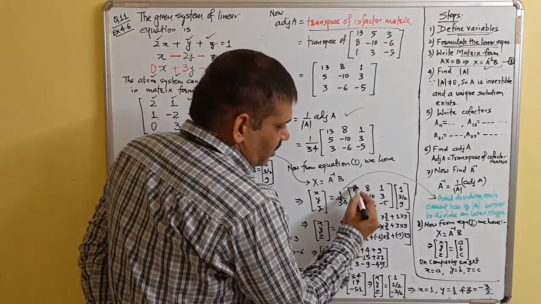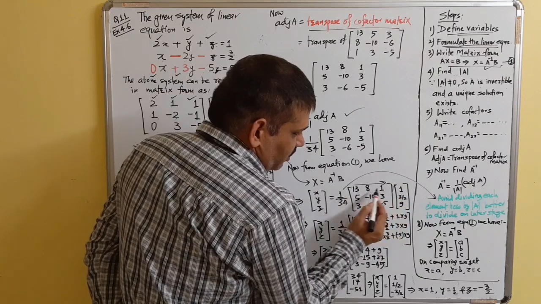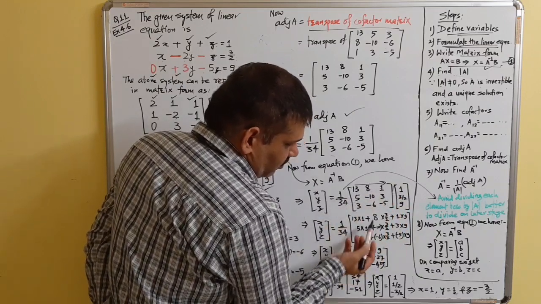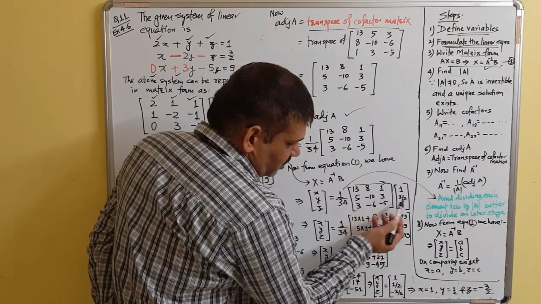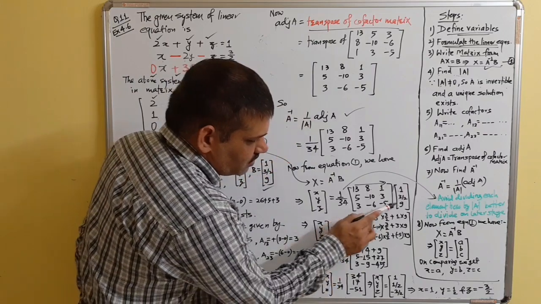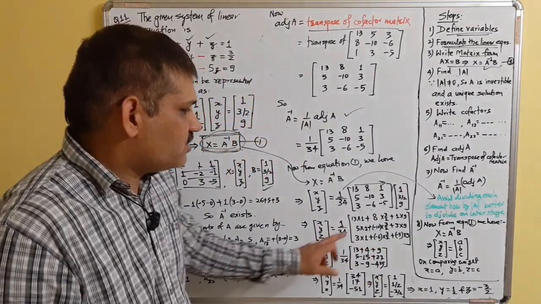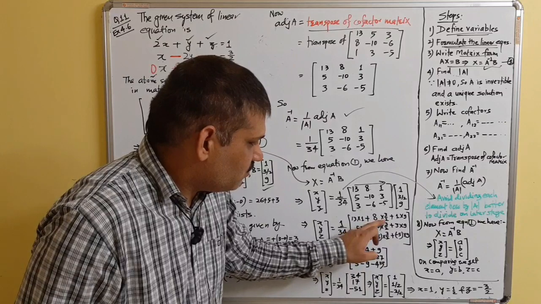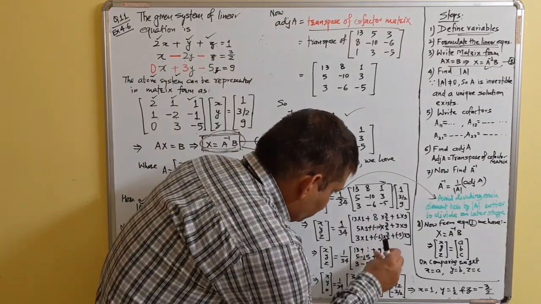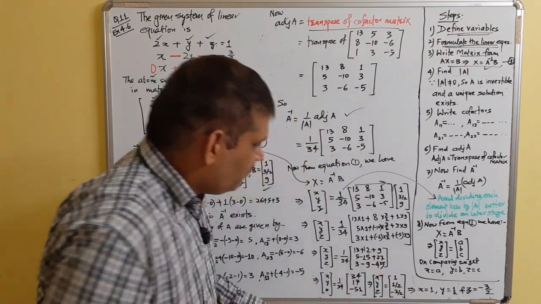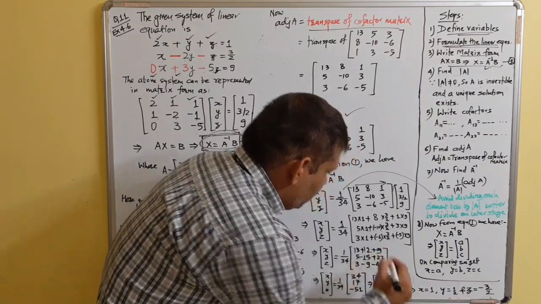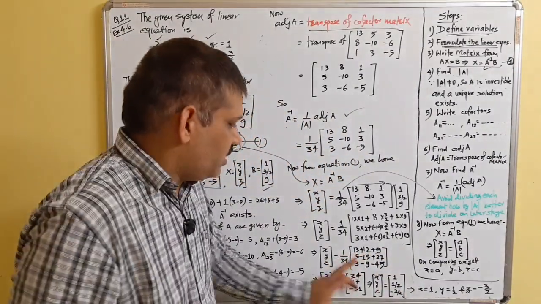So now we multiply this matrix with this. 13 into 1 plus 8 into 3 by 2 plus 1 into 9. 5 into 1 minus 10 into 3 by 2 plus 3 into 9. Likewise 3 into 1 plus minus 6 into 3 by 2 plus minus 5 into 9. This gives us 13 plus 12 plus 9, that is 34, right?